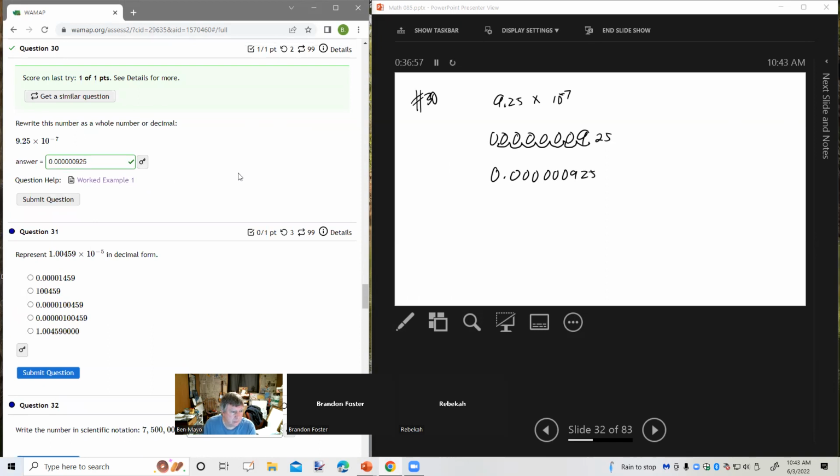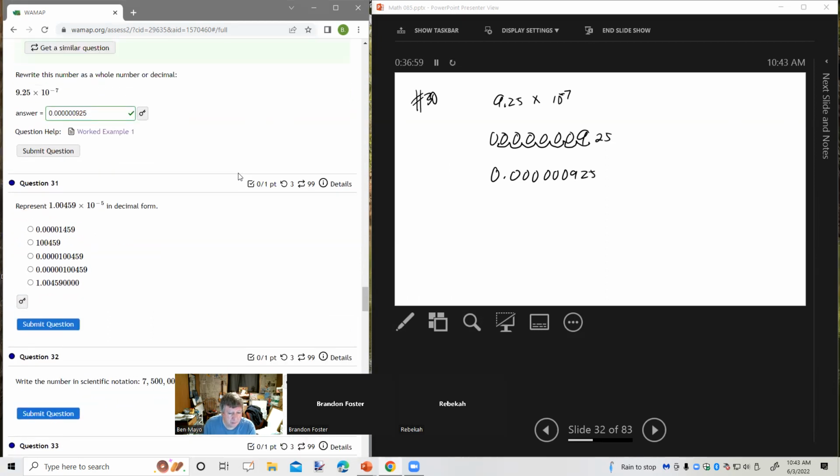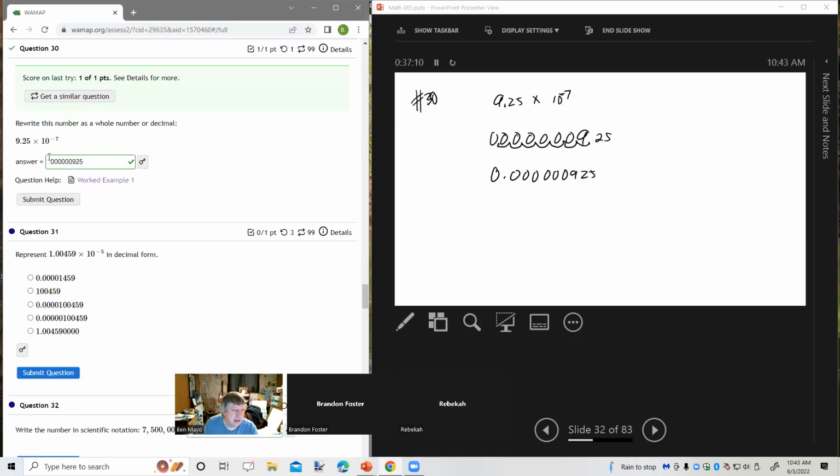All righty. Would it work if we didn't put the 0 in the front? Yeah, it should be okay. Let's tell you what, let's get rid of it. See what they do. Yeah.